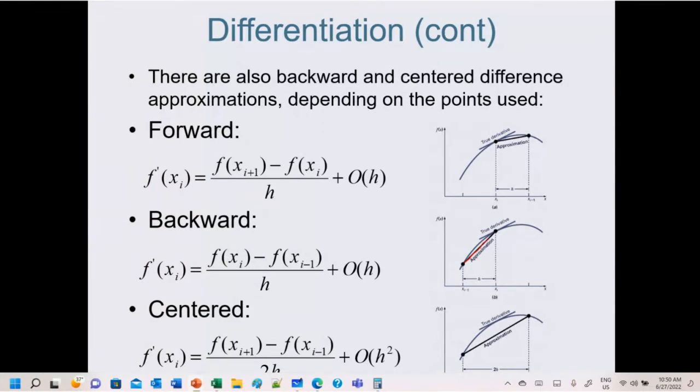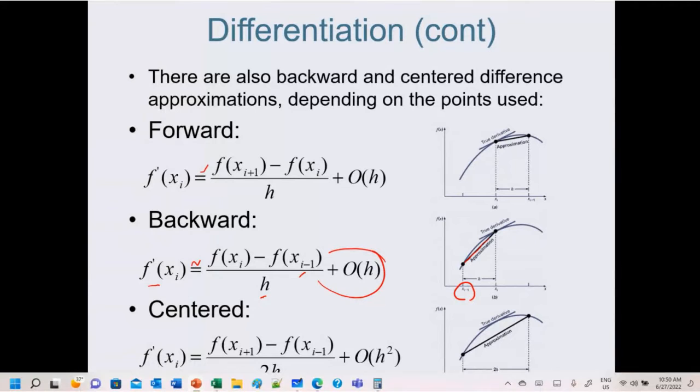If we take a point xi minus 1, which is backwards, then we can find the derivative to be approximately, of course all these are approximate values, f of xi minus f of xi minus 1 divided by h. Of course we'll still be left with an error of the order of h.